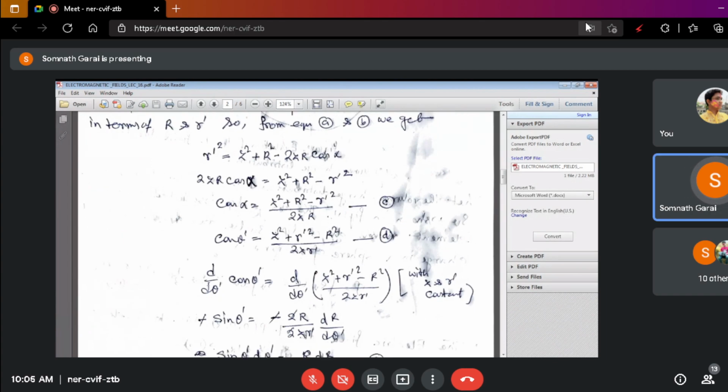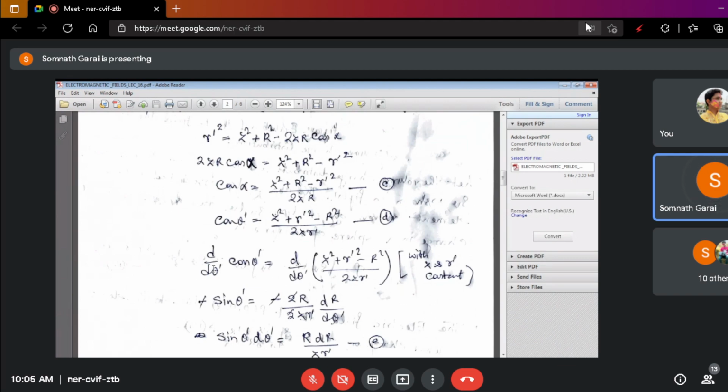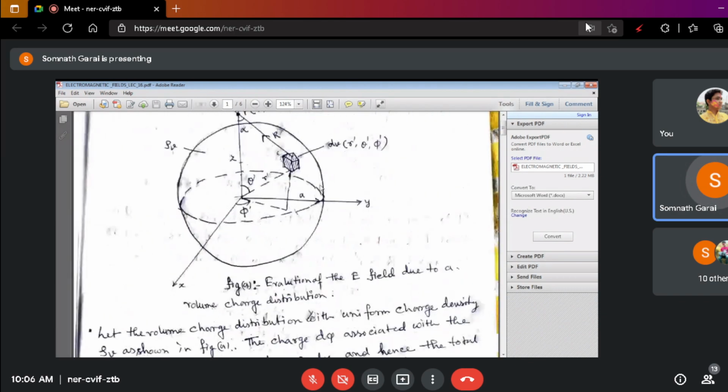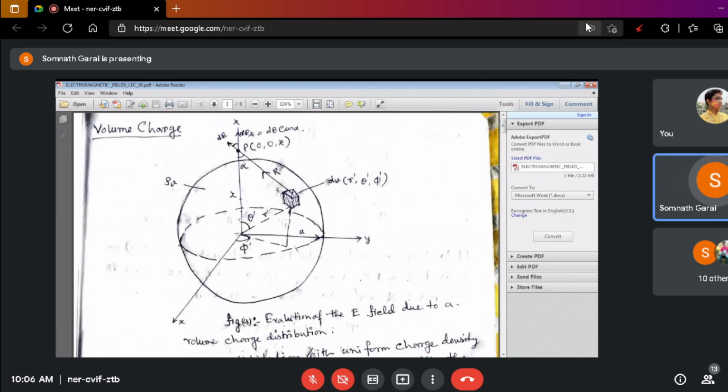So, d theta dot of cos theta dot is equal to minus sin theta dot d theta dot. Now here z and small r dot will be constant, because our main variable is capital R, the distance vector of the point and the volume.